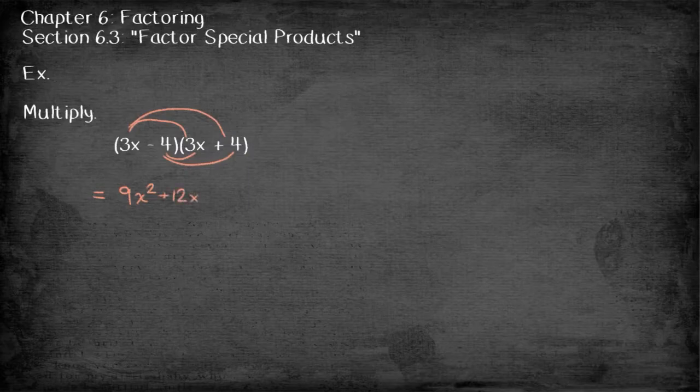Negative 4 times 3x is negative 12x. And negative 4 times positive 4 is negative 16. Hey, these middle terms add to 0. Which leaves me with 9x squared minus 16.